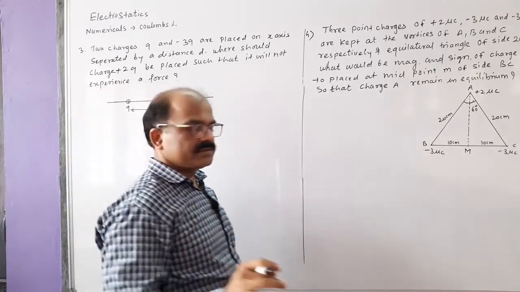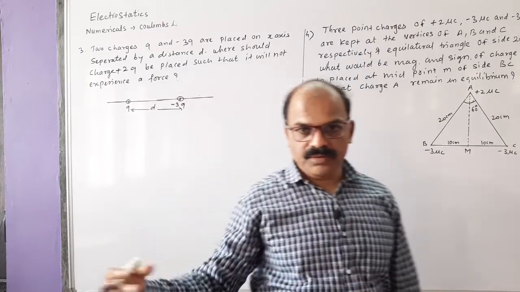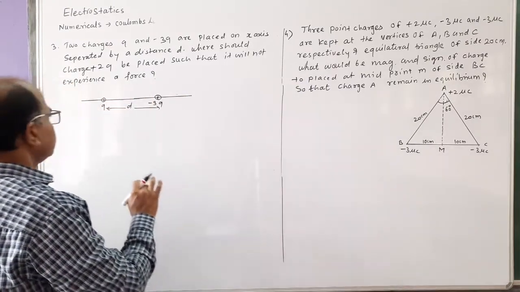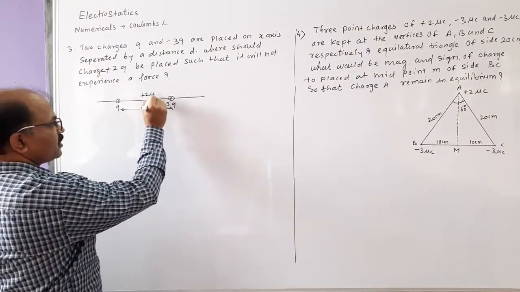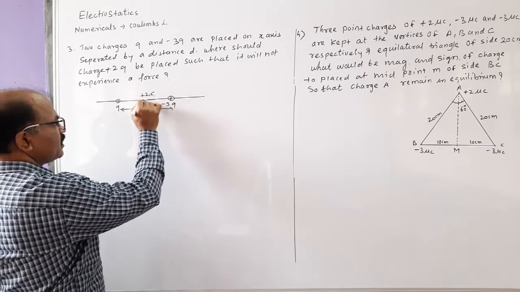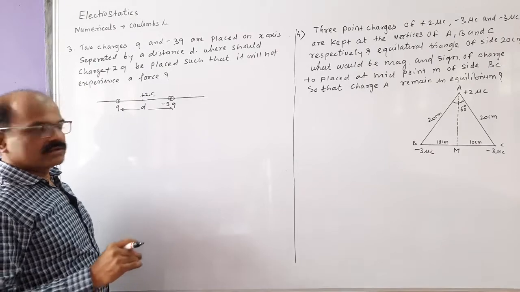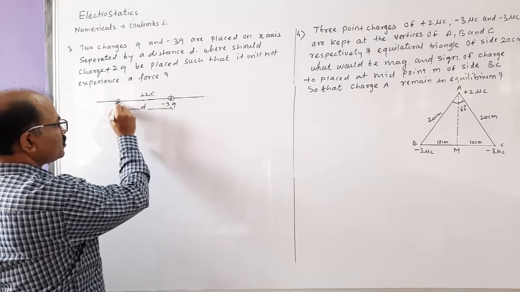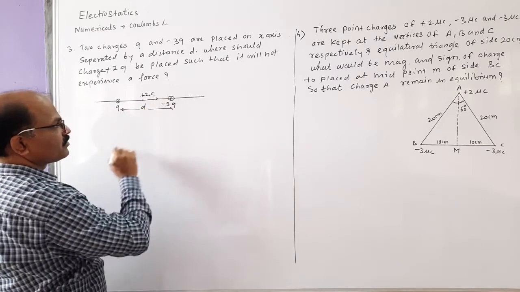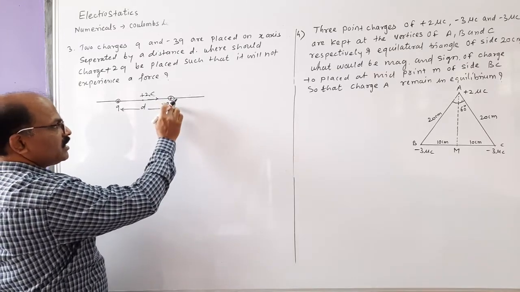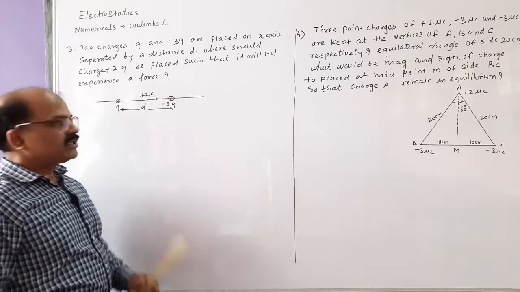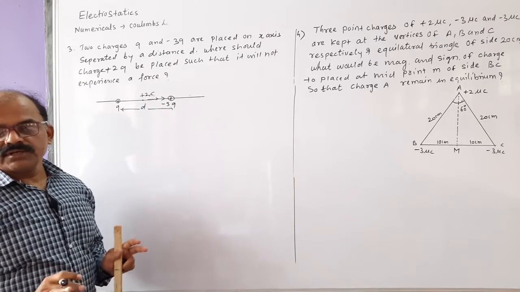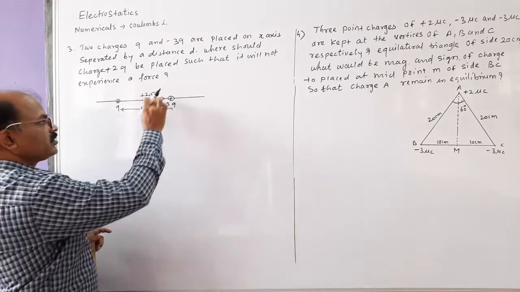The direction of the force for the positive charge is away from the charge, and for the negative charge it is toward the charge. So suppose we place this 2 coulomb charge in between these two charges. If placed between the two, where will it experience force? Due to this charge, which is positive, it will move away, toward this side. And this is a negative charge, so where will the 2q go? Again it will move toward the 3q. It will not get balanced, both forces will add up.